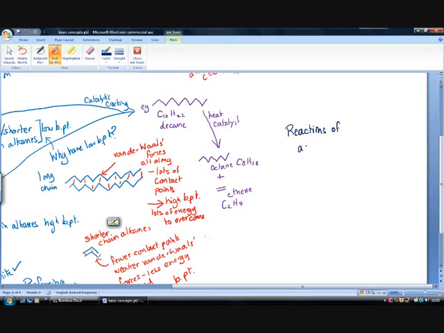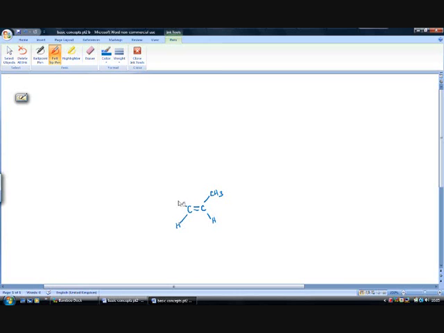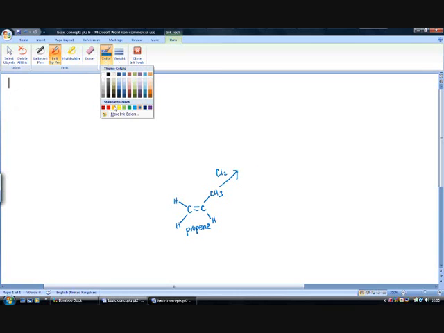Now we can look at the reactions of alkenes, and to do that we'll start on a fresh sheet of paper, I think. So to look at the reactions of alkenes, we'll start off with propene as our example. But all the alkenes will react in the same way. It's all a case of the carbon-carbon double bond springing open.